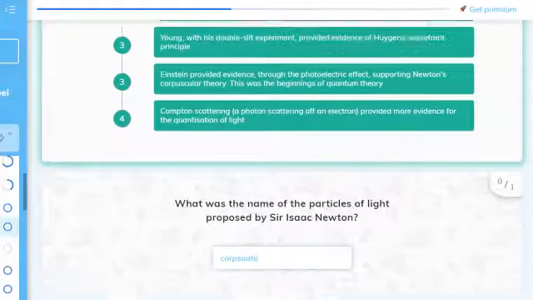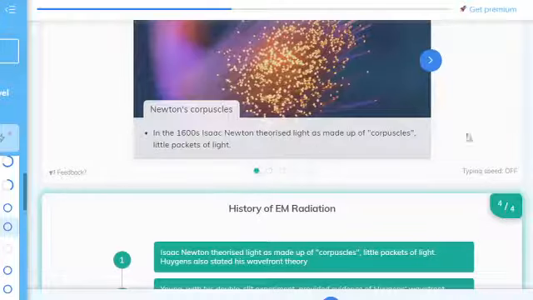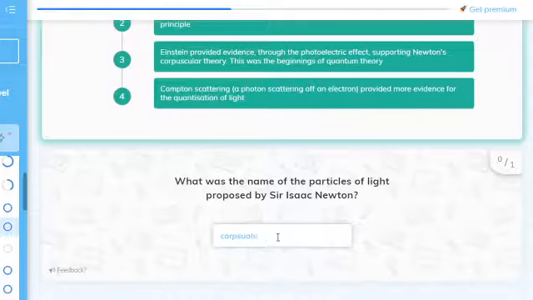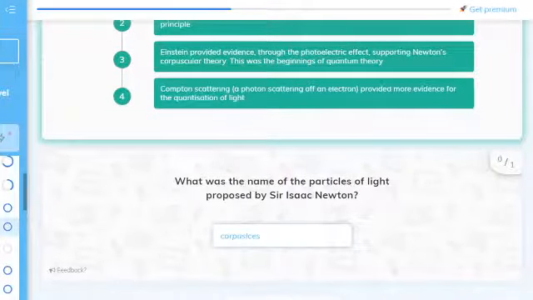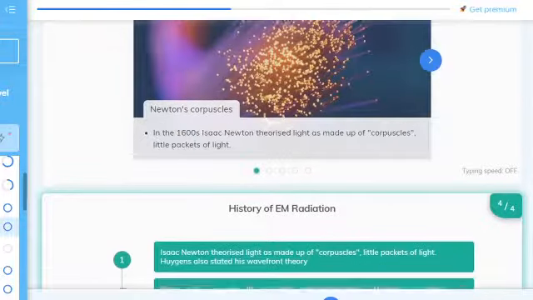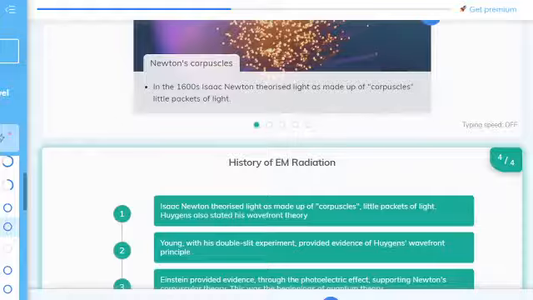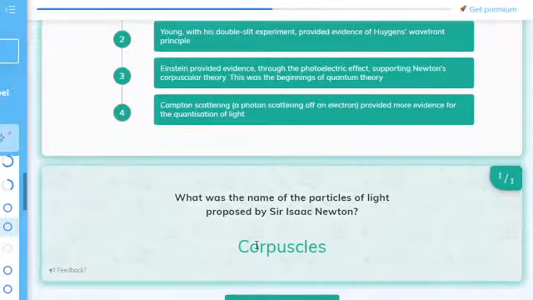I don't know how to spell it though. How do you spell the stupid word? Corpuscles.